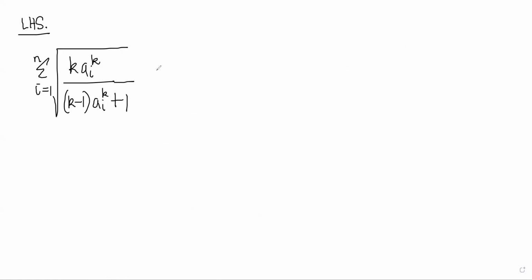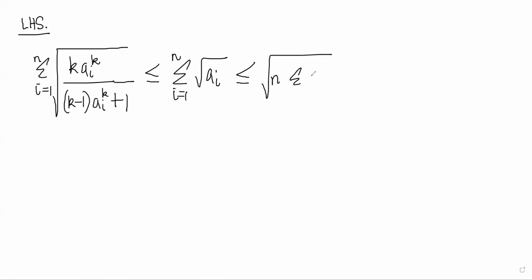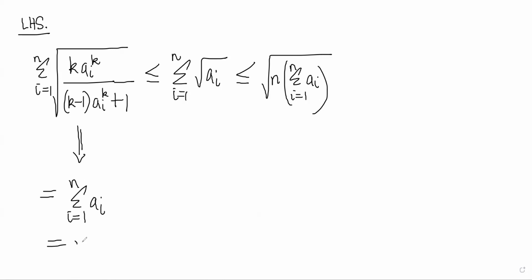We got that this is less than or equal to the summation i equal to 1 to n of root a_i, and that is less than or equal to root over n times the summation of a_i, where i goes from 1 to n, right? Now, in the problem, it has been said that the summation of i goes from 1 to n of a_i is equal to n.